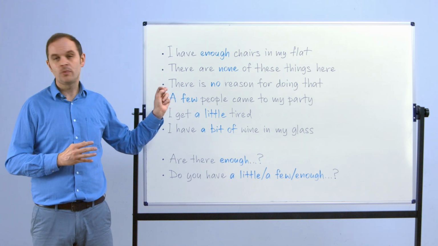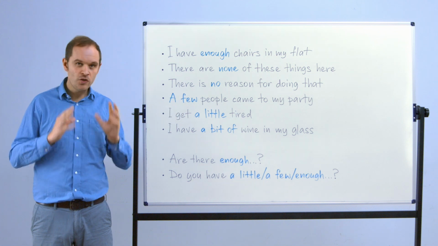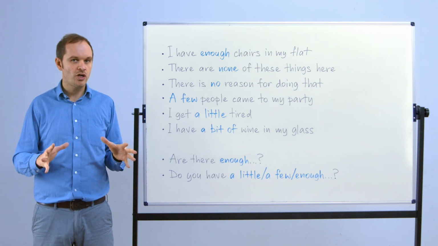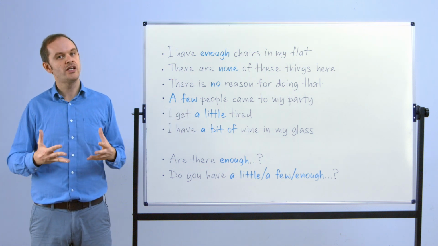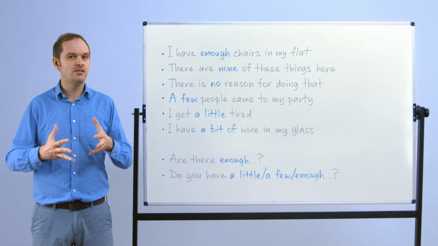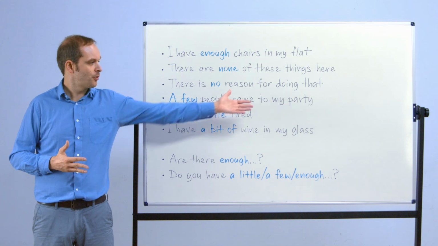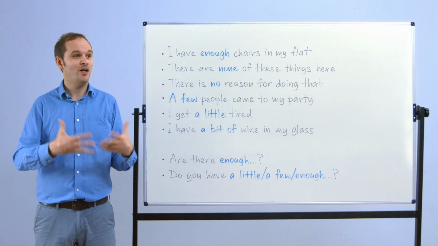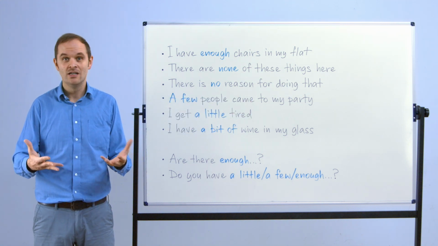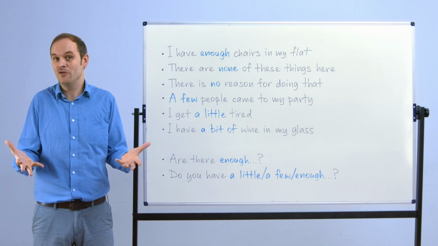Now, a few people came to my party. A few people is not a negative expression. It actually describes a healthy number. The problem with this is, depending on the context, the number can be different. So if you're having a big party, a few people, being a healthy number, might be anything up to 50 to 100 people.